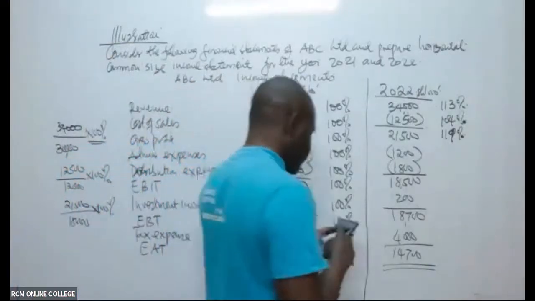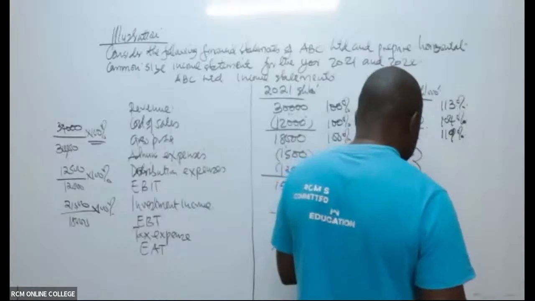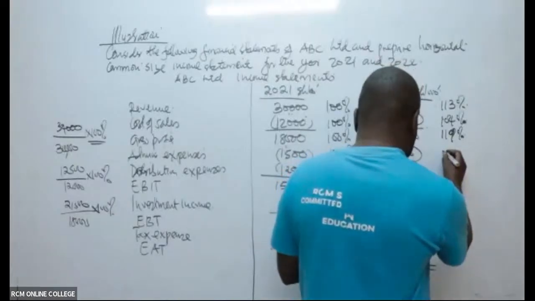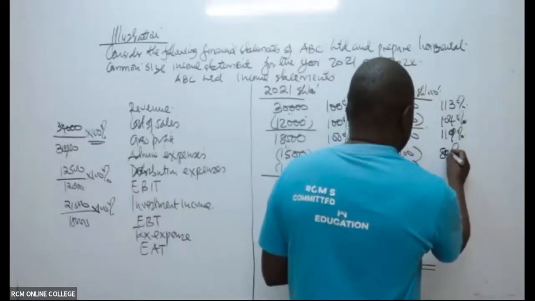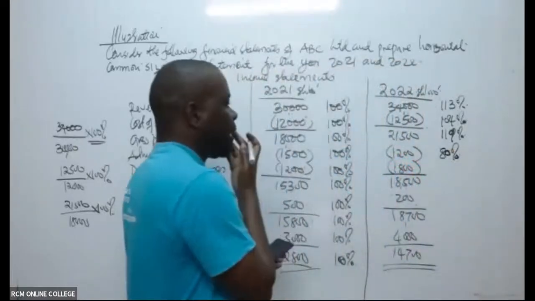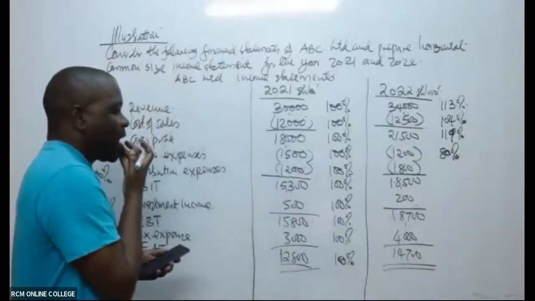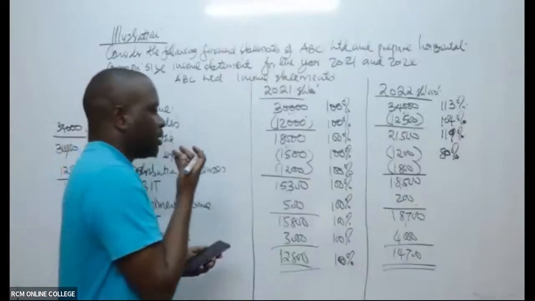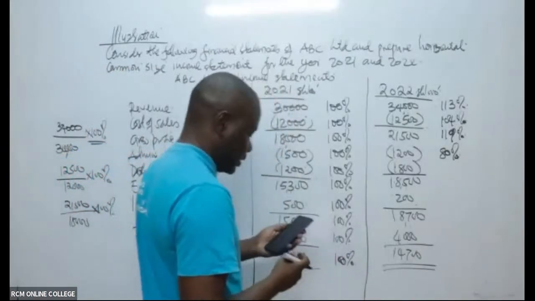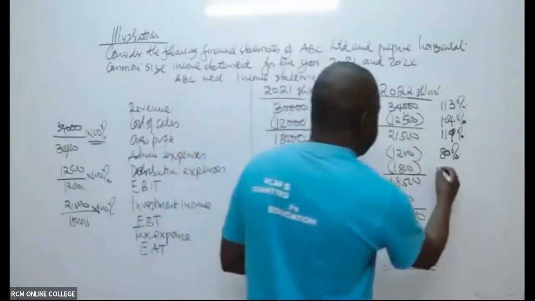So this one is 80%. What about this other one? After 80%, I can see 150%.